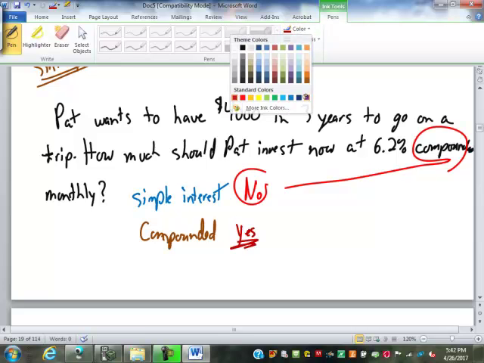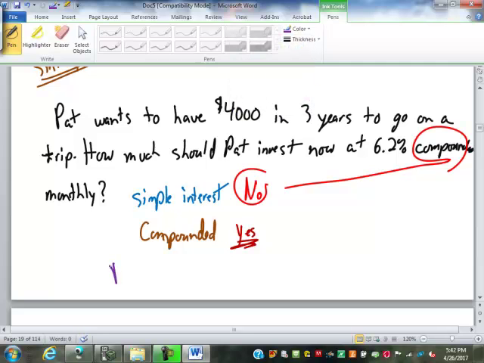So then we know it's compounded, then the question is, are we looking for a future value or a present value? If it's a future value, we know how much we have now. We want to figure out how much we're going to have in the future. A present value, we know how much we're going to have in the future.